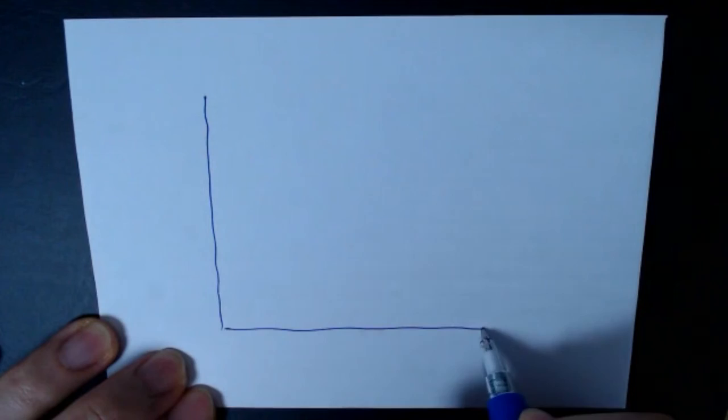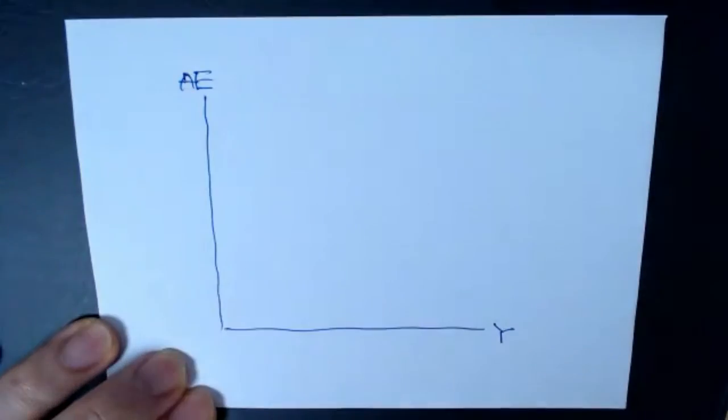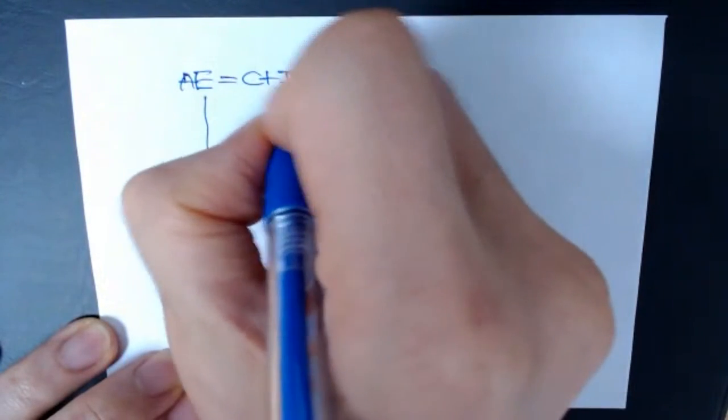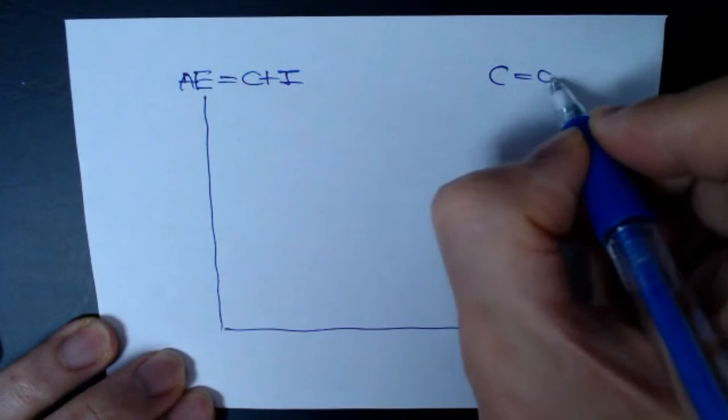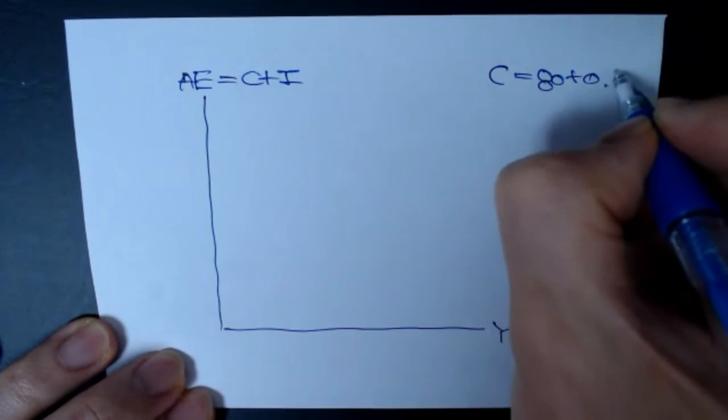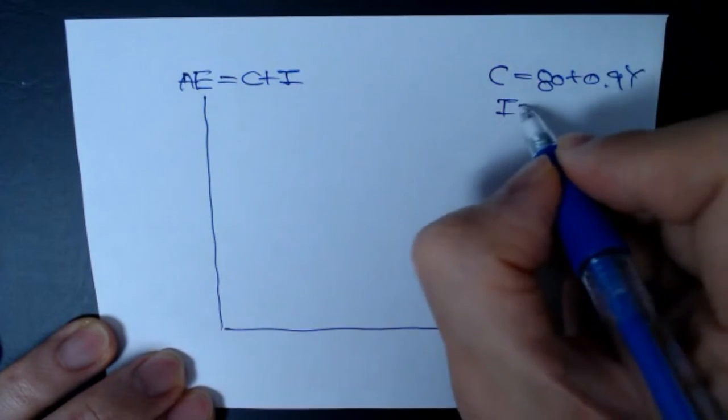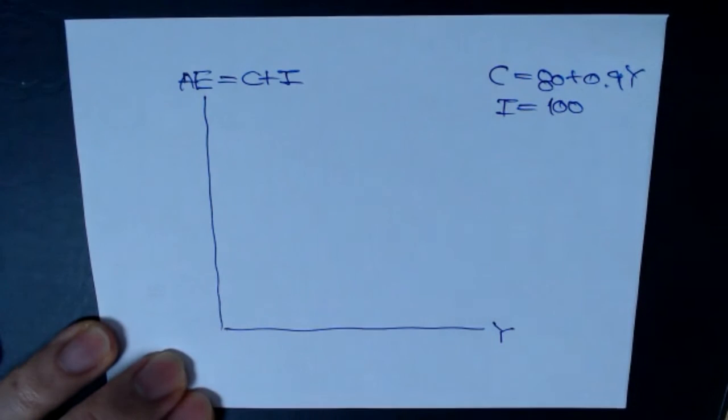Graphically, how would it change? Same as before, we have Y and AE. Now it's two sectors, so AE is no longer C only. We should add C and I, and we know that C is 80 plus 0.9Y and I is 100.